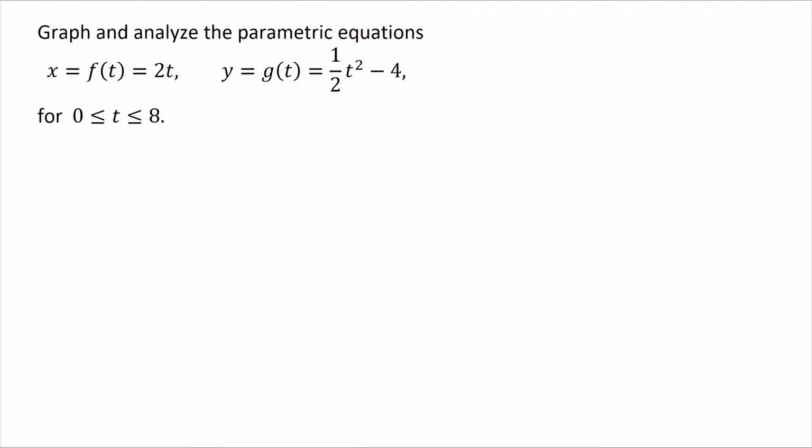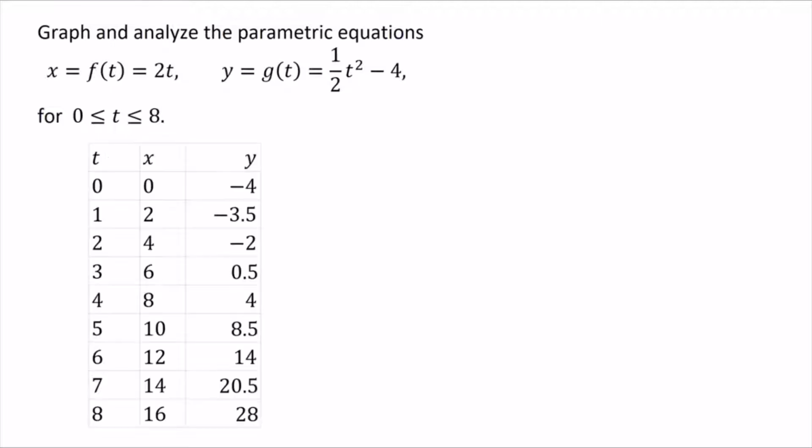As an example, let's graph and analyze the parametric equations x equals f of t, which equals 2t, and y equal to g of t, which equals 1/2 t squared minus 4, for the interval 0 less than or equal to t less than or equal to 8.